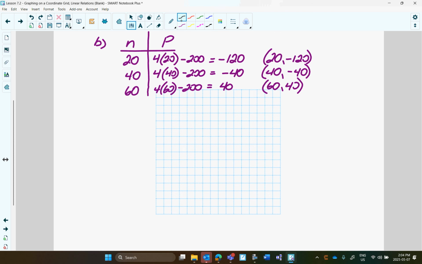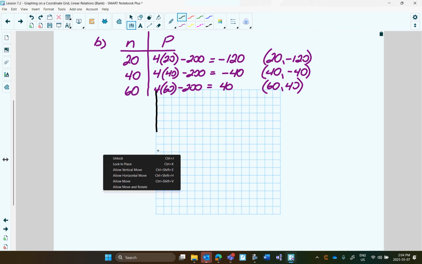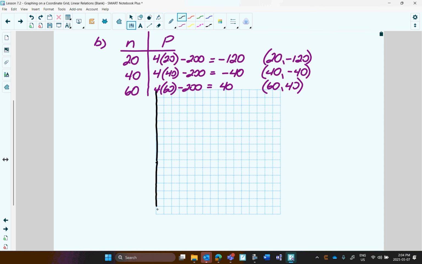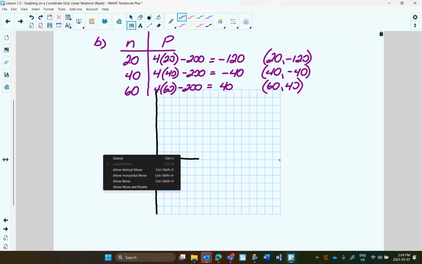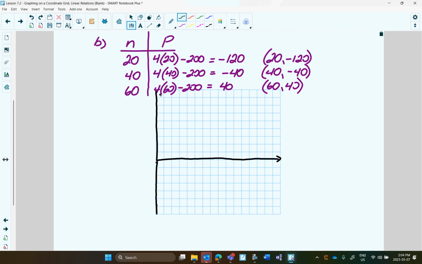Notice I have negatives for the second column. So I am going to have to do this, because we have to make room for the negative y values. We can't just go here, here.